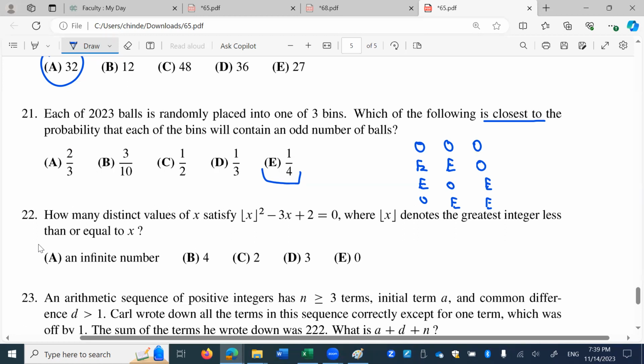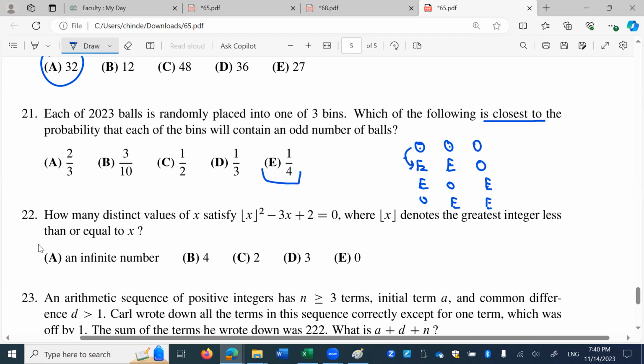I can also think that if just 1 ball was in a different spot, there's 6 ways to pick one jar to take a ball out of and another jar to put the ball into. And if I pick these two jars and switch one ball from one to the other, I'll go from this case to this case.